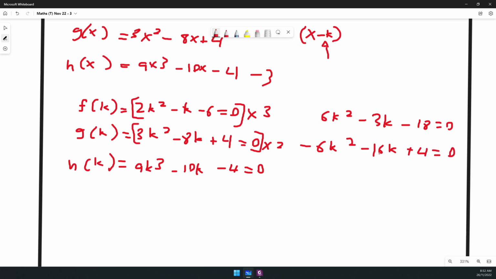Minus minus becomes positive, so you'll be left with 13k minus 26 equals 0. Then you can get k equals 2.